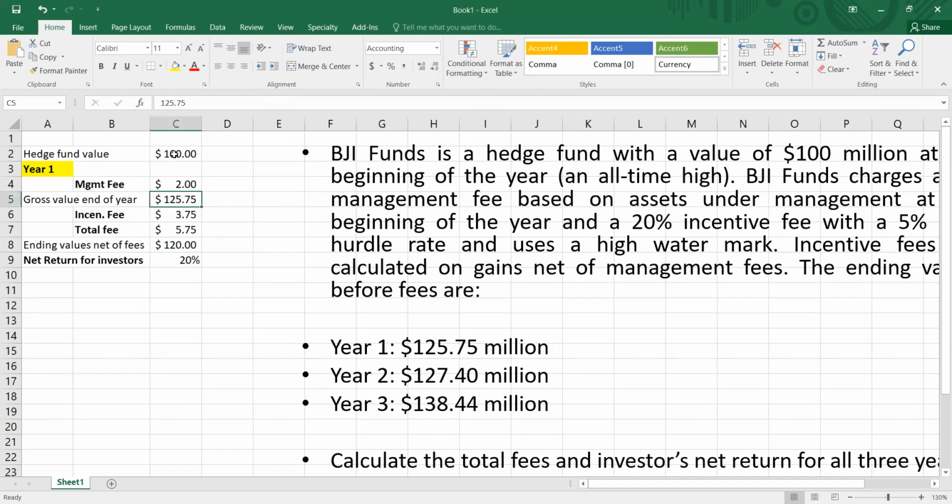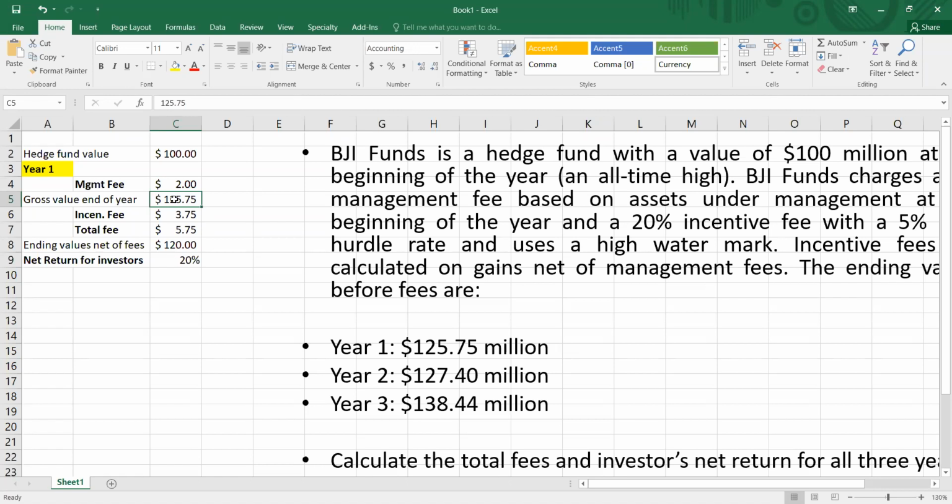So the minimum, it was 100, now it's 125. Anything below in the second year, let's say I get not 127 but 124, even though it will be higher than the hurdle rate, I will not have a right to receive any incentive fee as a hedge fund manager.